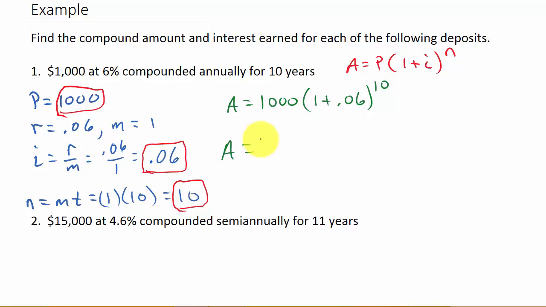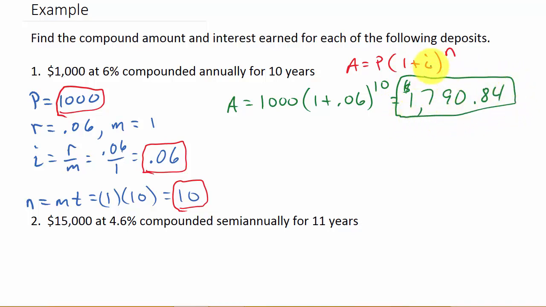Raise that to the 10th power, hit equals on your calculator, and then times 1,000. And that is going to give us an answer. I'm going to write it out here. That's going to be $1,790.84. So that's the compound amount.